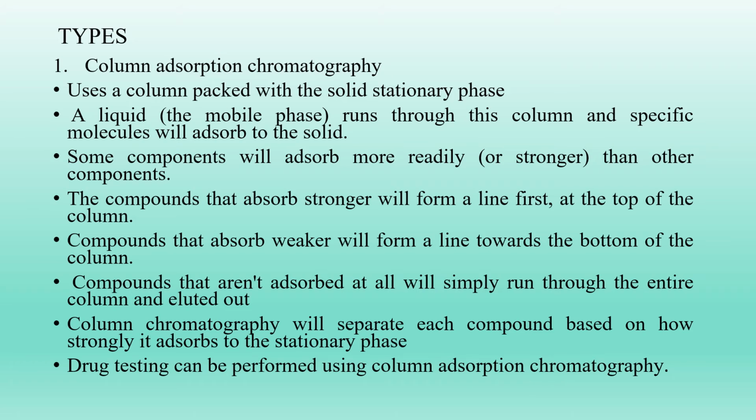The compounds that adsorb strongly will form a line first at the top of the column, and the compounds that adsorb weaker will form a line towards the bottom of the column. The compounds that are not adsorbed will simply run through the entire column and will be easily eluted out.